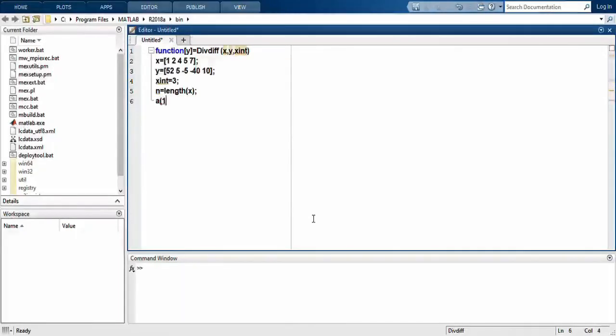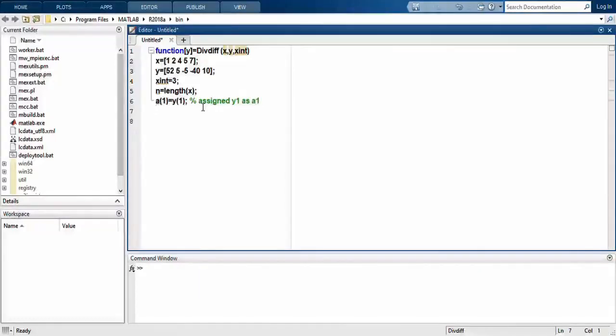So now assign the initialized value: y1 as a1.